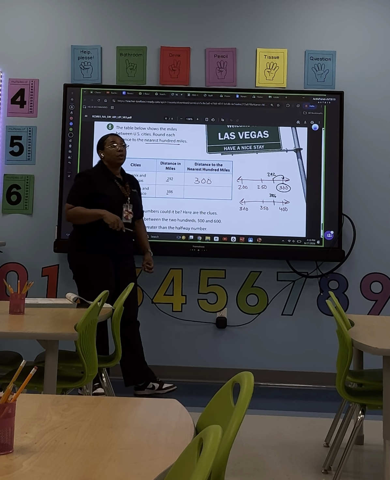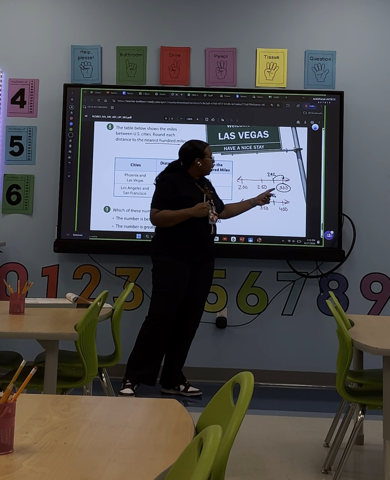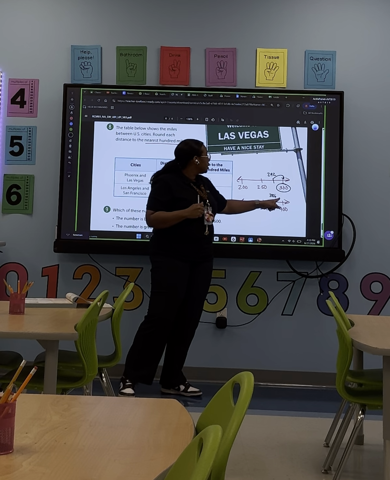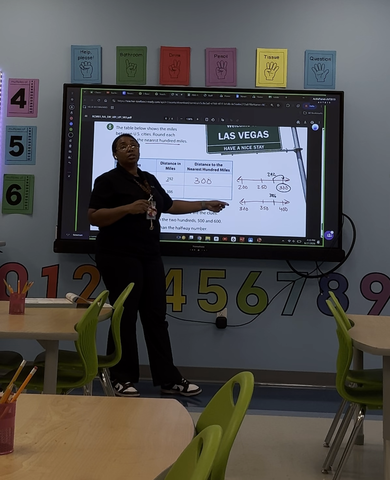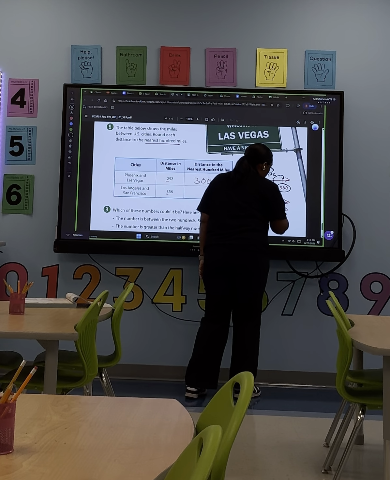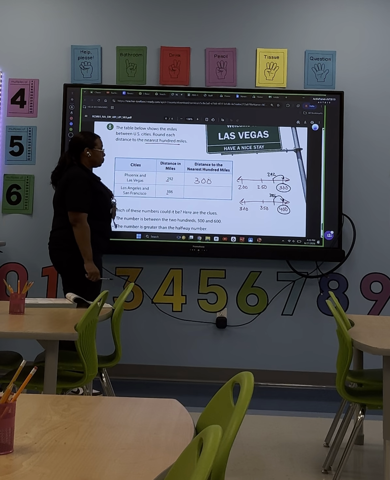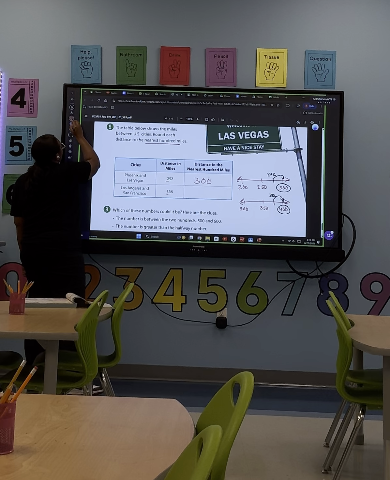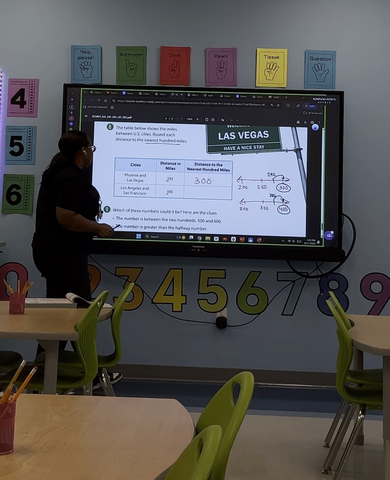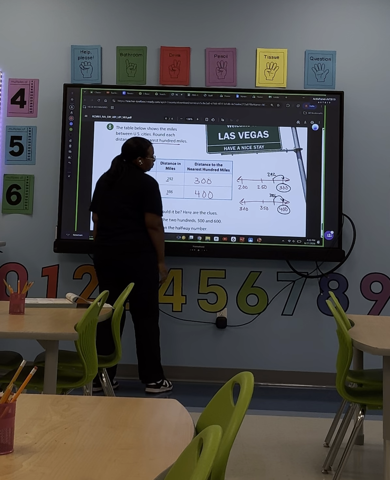Okay, so now we go to our last step of asking, is 386 going to round up to 400 or is it going to round down to 300? Well, since it's closer to 400, it is going to round up to 400. So now we know the answer for Los Angeles and San Francisco is going to be 400.